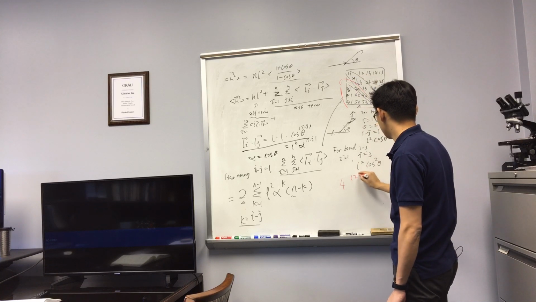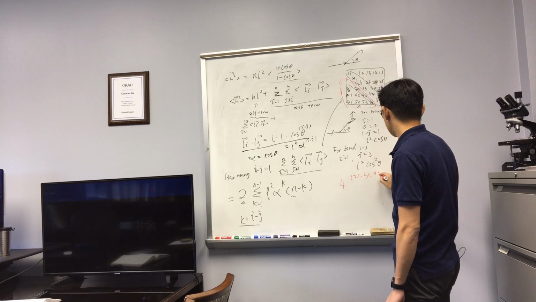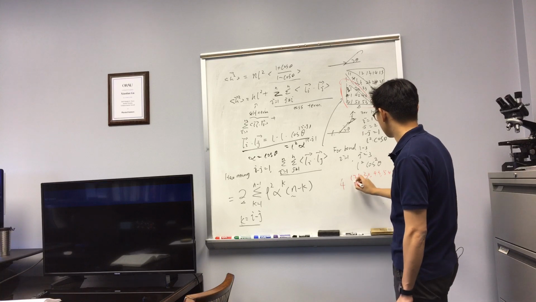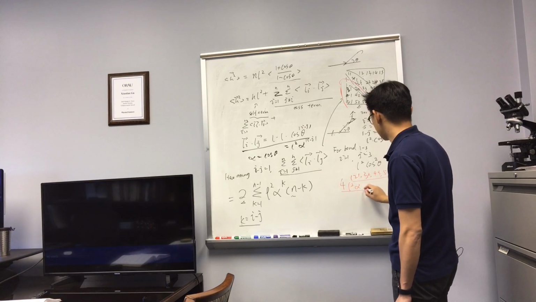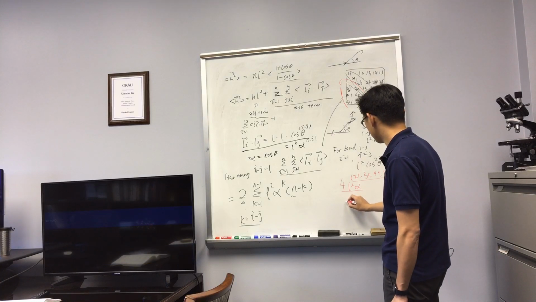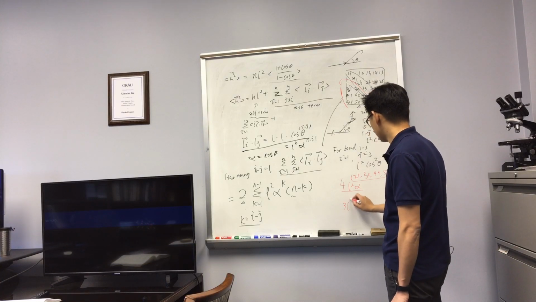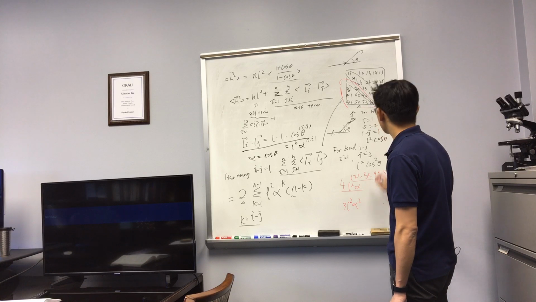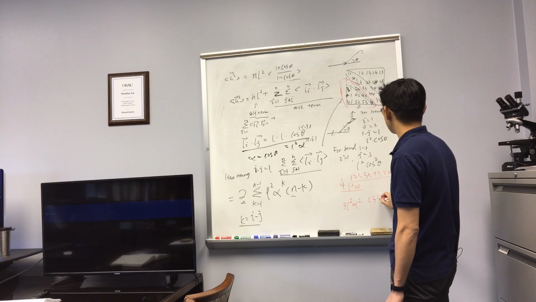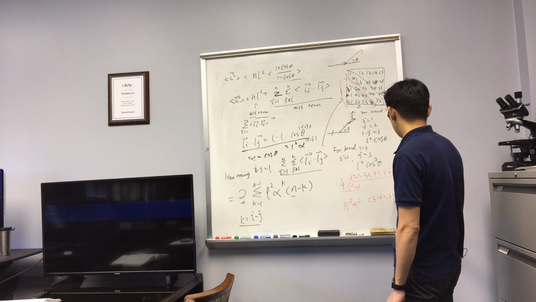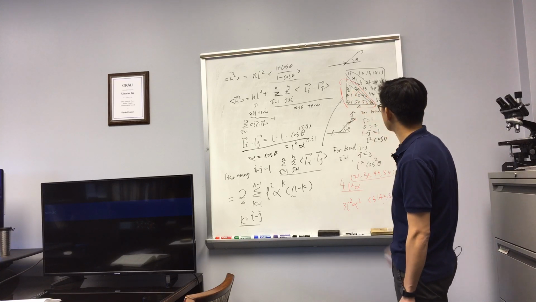So you have 4 L square alpha plus we have 3 L square alpha square. And what are the alpha square terms? Which are 3,1, 4,2, 5,3. So you've got 3 of these.